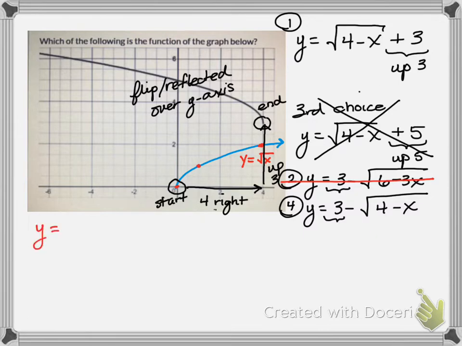y equals the square root of 4 minus x, plus 3. So I always, always, always want to make sure when I'm looking for horizontal composition that inside of my parentheses, or in this case, inside of my radical, the coefficient of x has to be a positive 1.